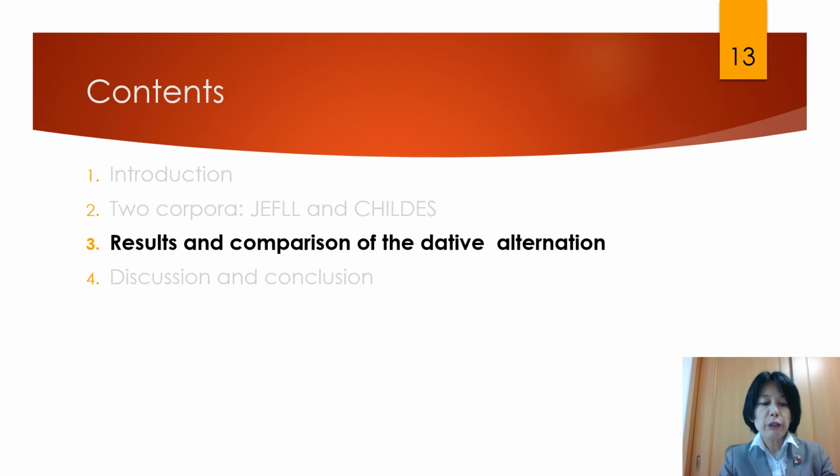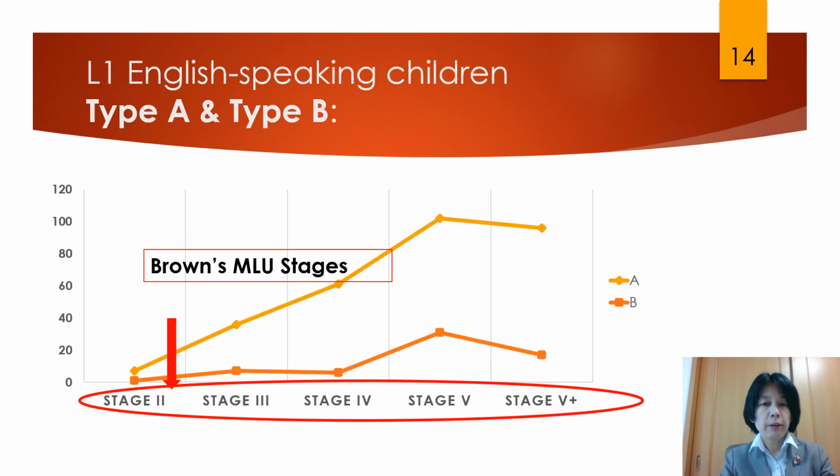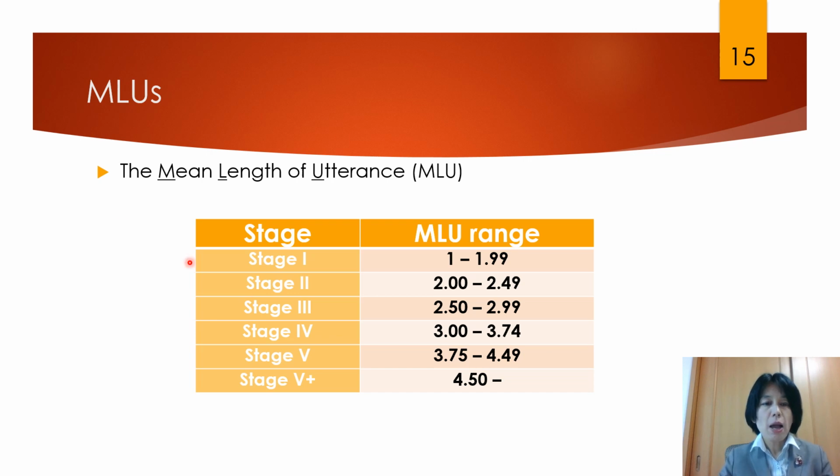Let us first look at the results of the dative alternation produced by English-speaking children. Look at this graph, please. The collected data were divided into several stages based on Brown's MLU. MLU stands for the mean length of utterance and can be used as an index for language development.